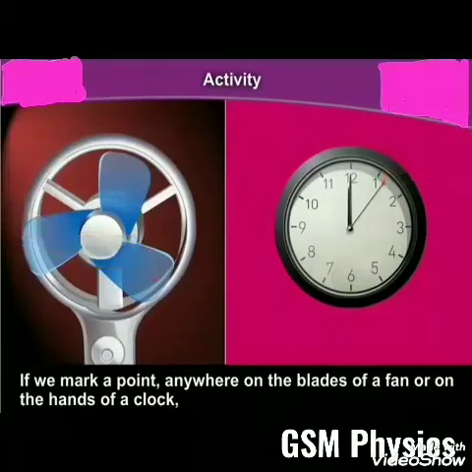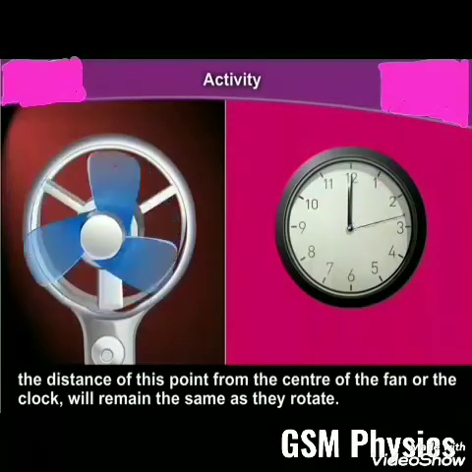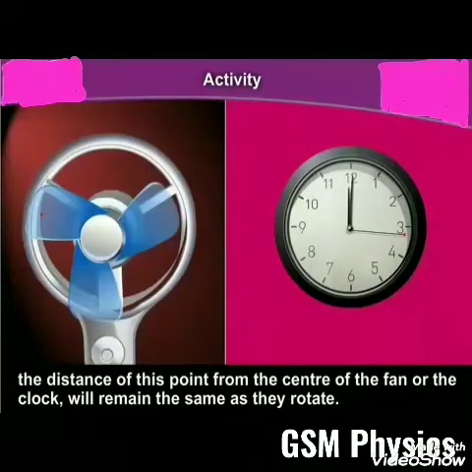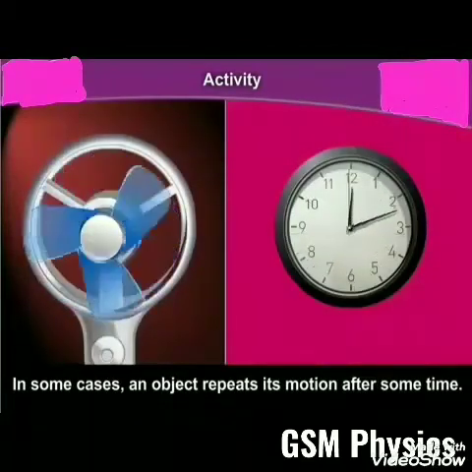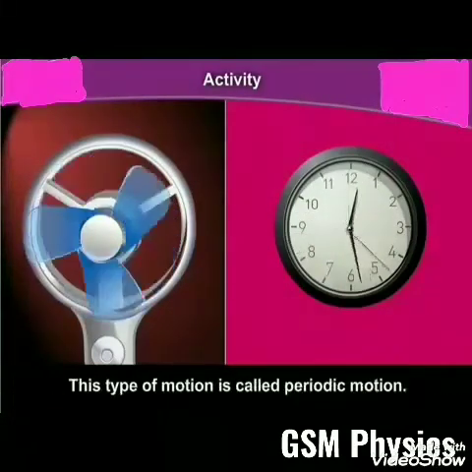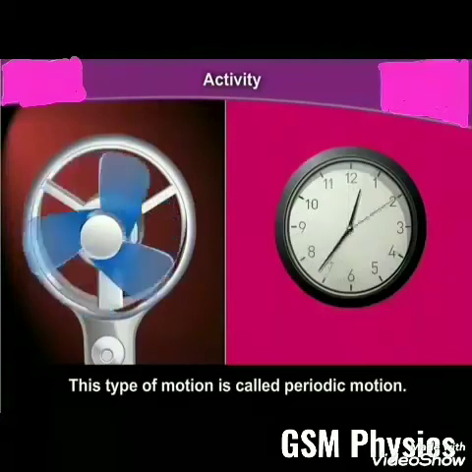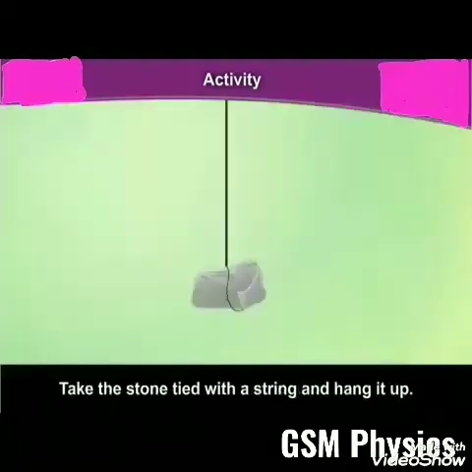If we mark a point anywhere on the blade of a fan or on the hands of a clock, the distance of these points from the center of the fan or the clock will remain the same as they rotate. In some cases, an object repeats its motion after some time. This type of motion is called periodic motion.